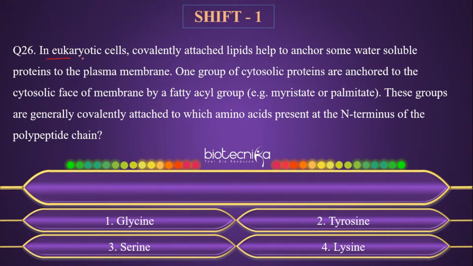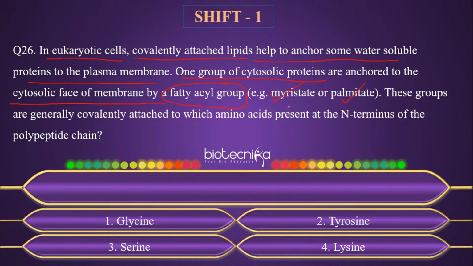In eukaryotic cells, covalently attached lipids help to anchor some water-soluble proteins to the plasma membrane. One group of cytosolic proteins are anchored to the cytosolic phase of the membrane by a fatty acyl group. They have mentioned examples: myristate or palmitate.